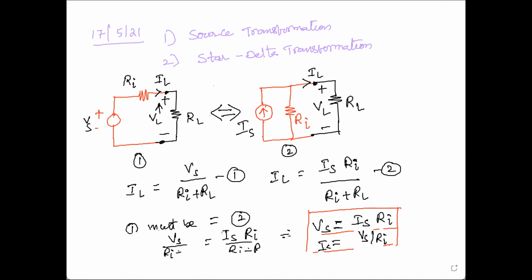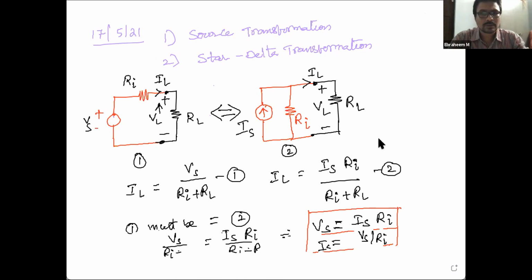Now similarly, the voltage also must be the same. That means this is how we can transform Is: the source resistance Ri multiplied by Is gives the voltage.